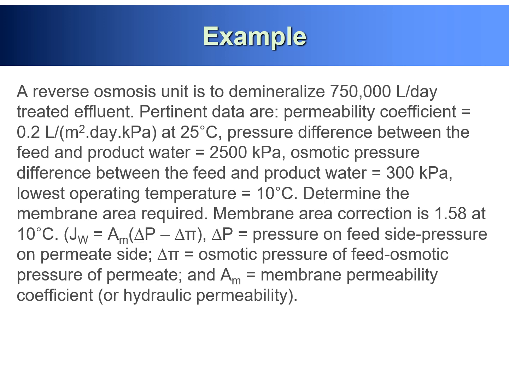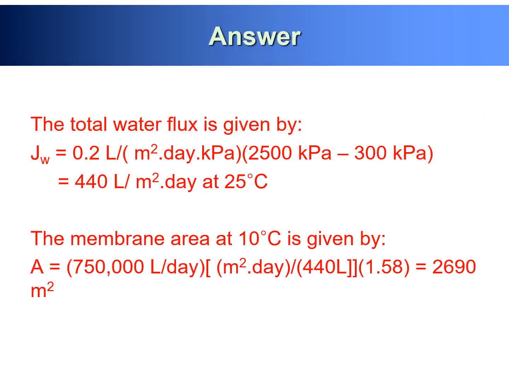So you can stop this video and calculate this example. So the answer is 2,690 square meters. Based on this flux calculation, the water flux is the 0.2 water permeability coefficient multiplied by the pressure difference, 2500 kilopascal minus 300 kilopascal of osmotic pressure.